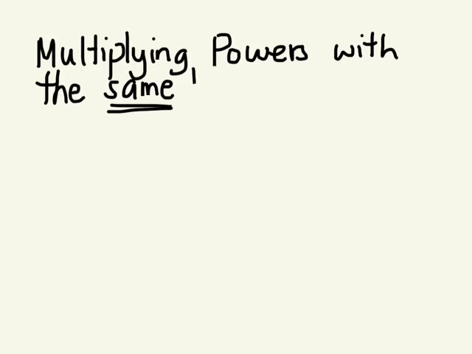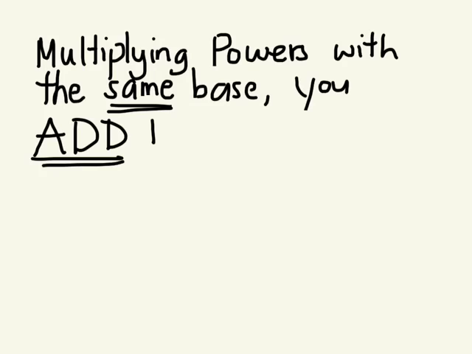Multiply powers with the same base. Okay, it's important that the base is the same. What did we discover that you do with the exponents? Celeste? Good. You add the exponents.